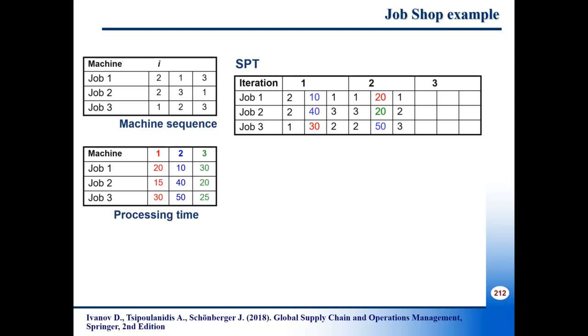In the third iteration, now we go to the last column in the upper left table, and we again write job number 1 processed by machine number 3, job number 2 processed by machine number 1, and job number 3 again processed by machine number 3.